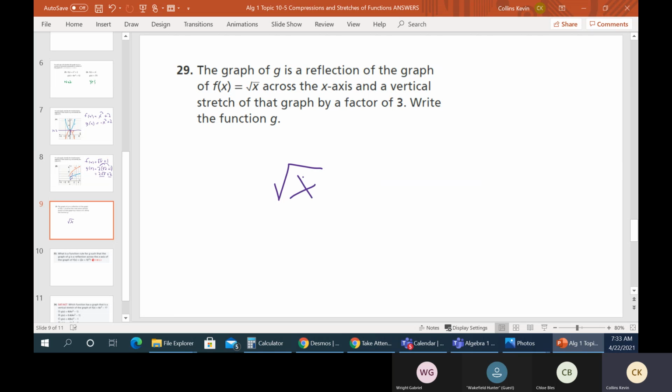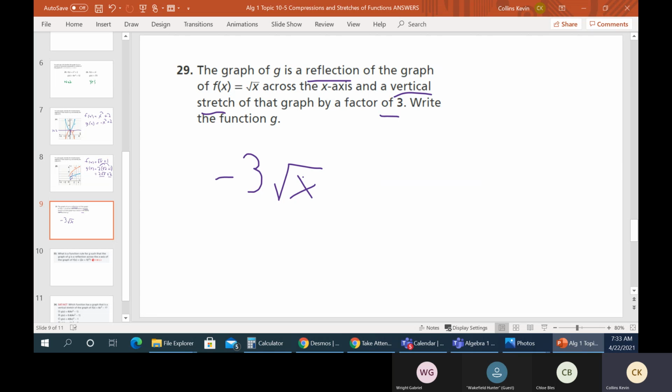The first one says we have a reflection. Remember, reflection just means stick a negative sign in front. Then it says a vertical stretch by a factor of 3. When you say factor, that means multiply. So we're going to multiply by 3. That gives us our vertical stretch, and the minus sign gives you the reflection.